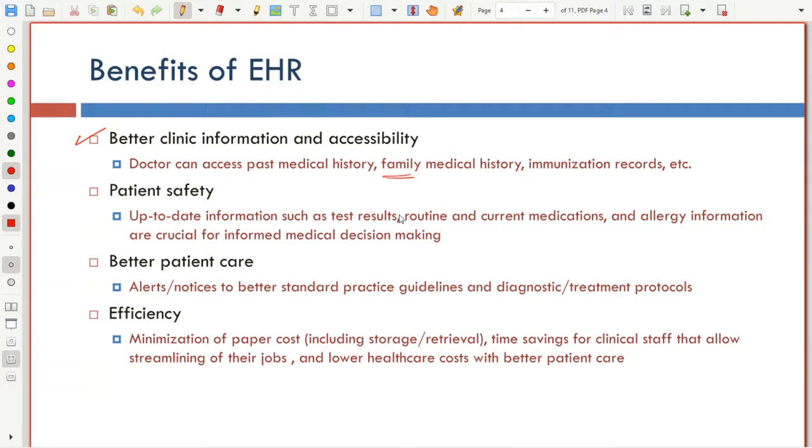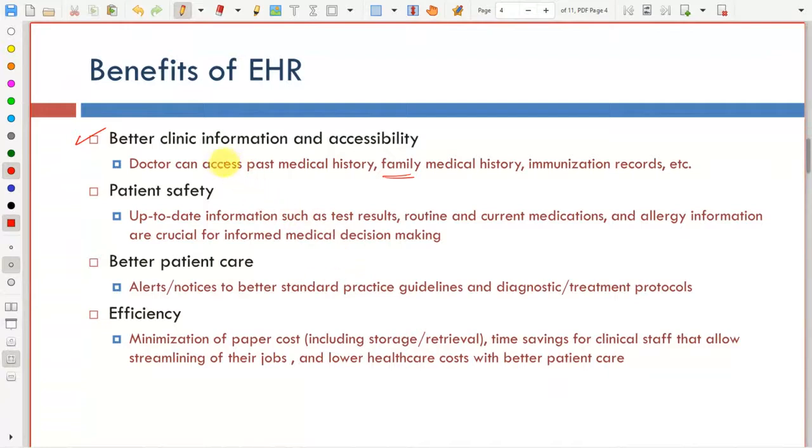So it's not just one patient alone. You're talking about the patient and his family, the people living with him, the network that surrounds that patient, so that you can make very good, informed decisions about the patient's condition.